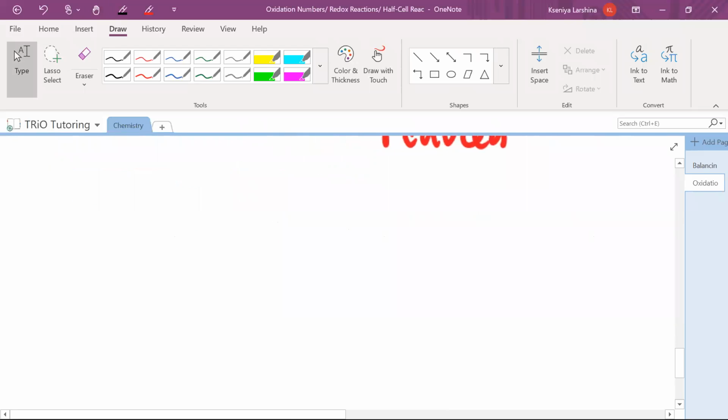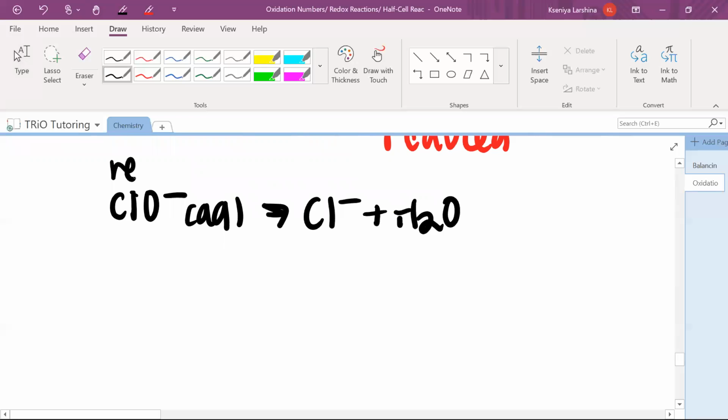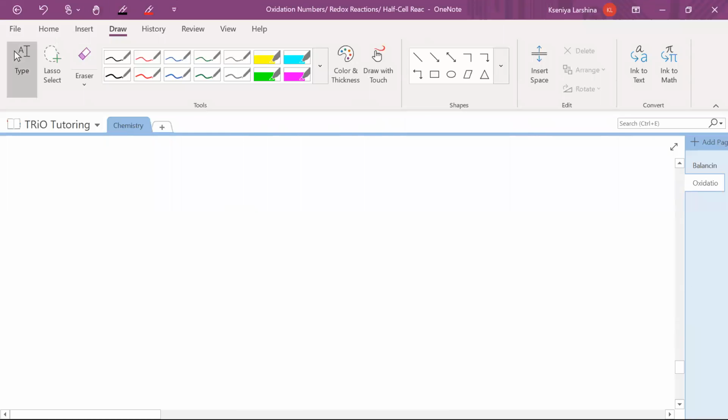So next, like prior, we write them out into their own separate reactions. So we could write Cl. This is our reduced reaction. And then our oxidized reaction, so Cr.